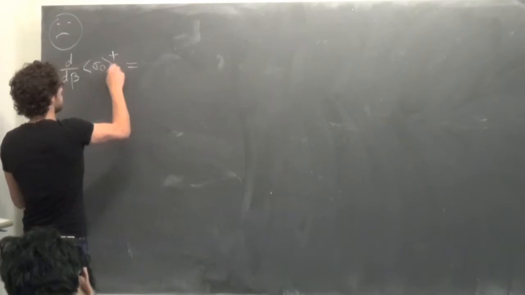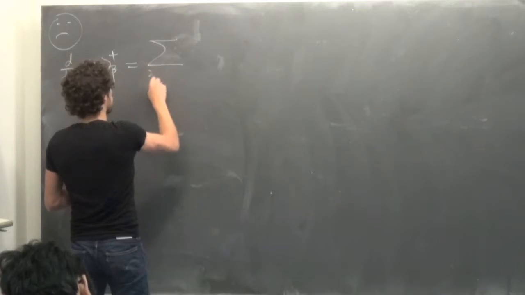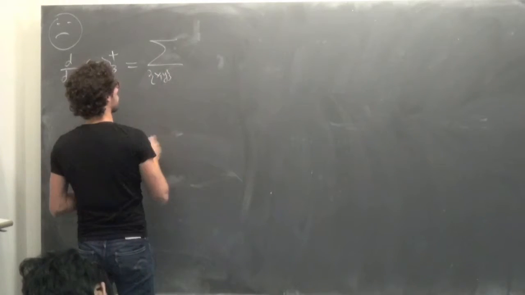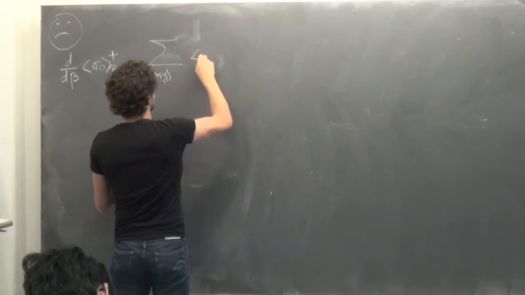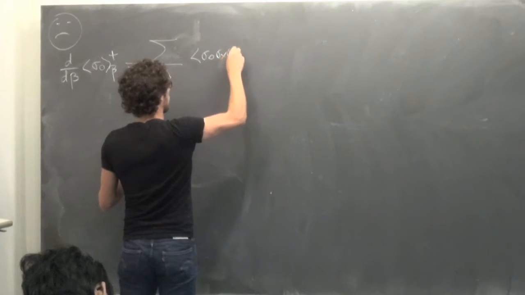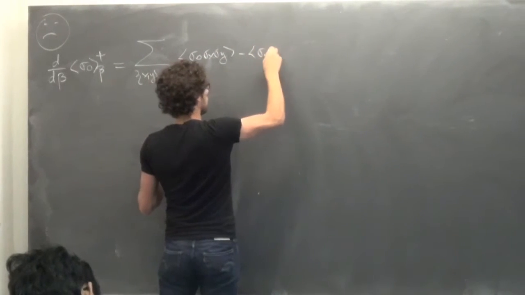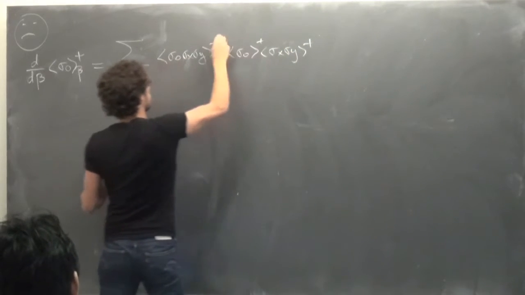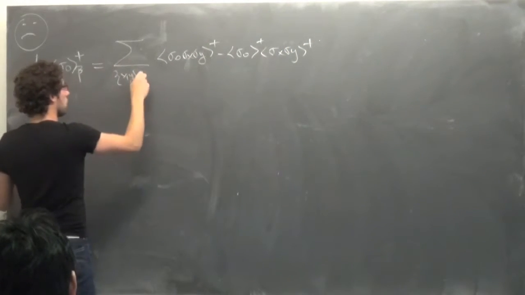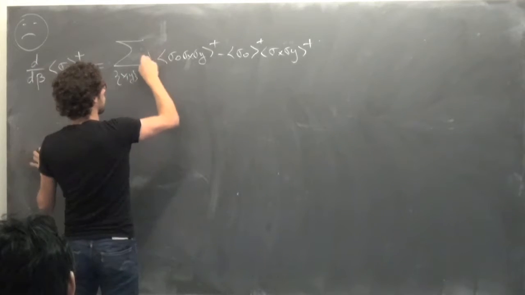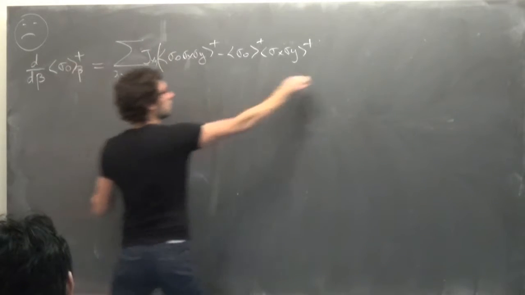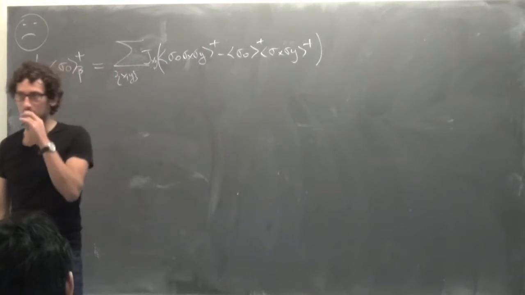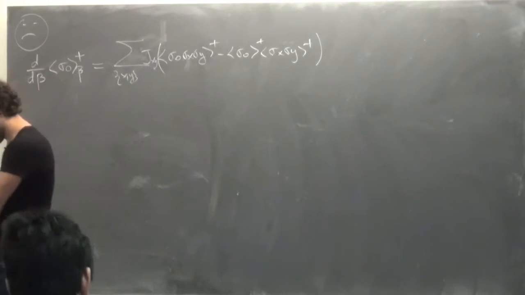So if I differentiate this, what do I get? This is easy. It's the sum over every x, y of sigma 0, sigma x, sigma y, minus sigma 0, sigma x, sigma y, and I have pluses everywhere, and there is a J xy. This is exactly what you get if you differentiate this quantity.